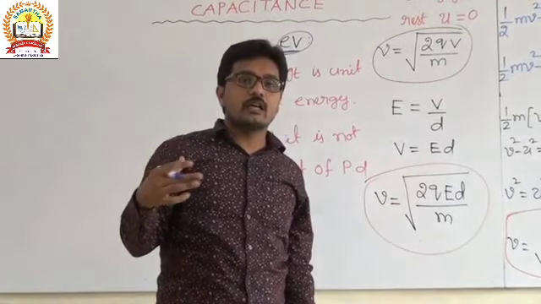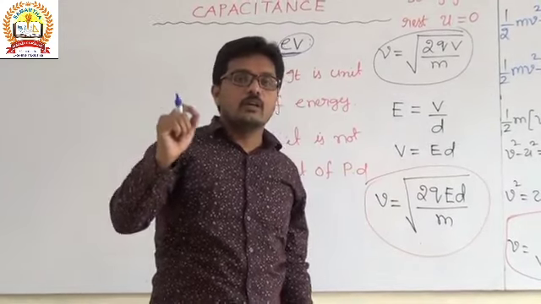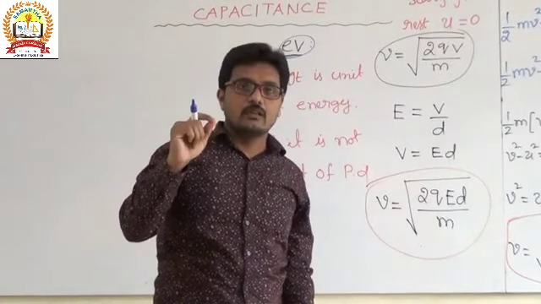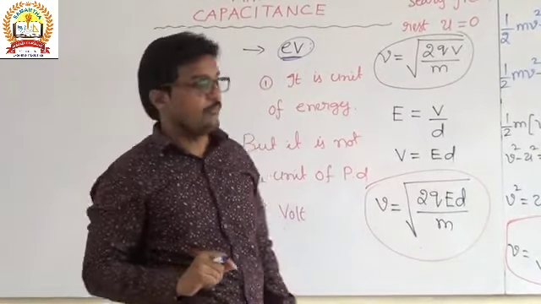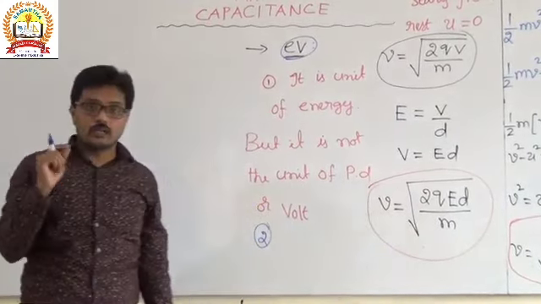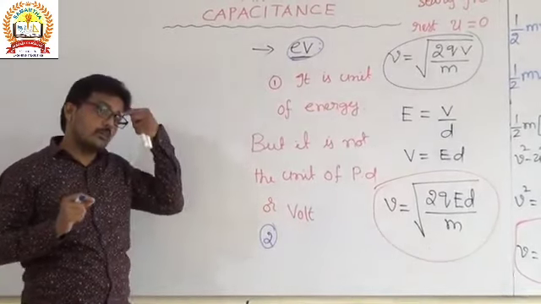So for our convenience, to measure small energies in terms of small units, we use the electron volt. Particularly in molecules and atoms we use the energy unit electron volt.